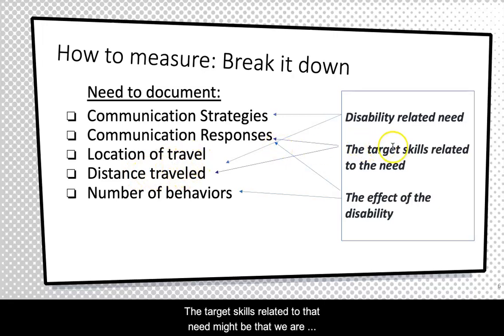The target skills related to that need might be that we are working on communication responses and the distance traveled so that the student can have appropriate communication responses and reduce the number of behaviors. These things are related. If they have communication needs, then we need to address the communications.